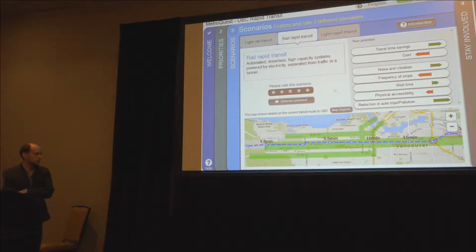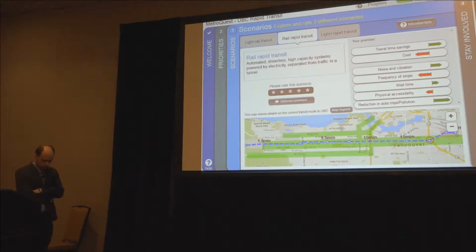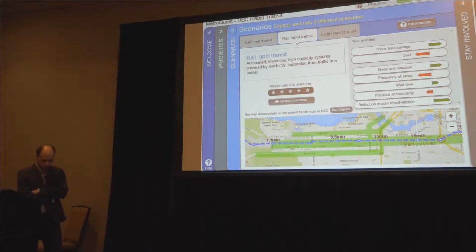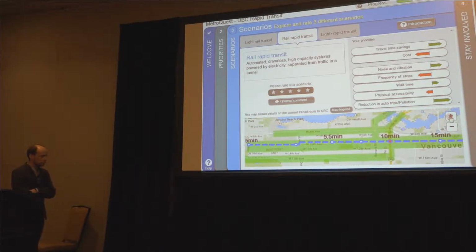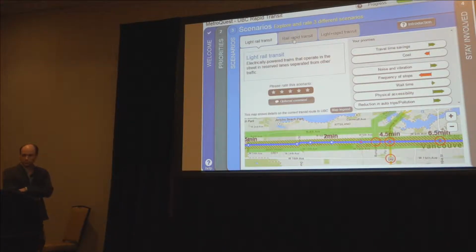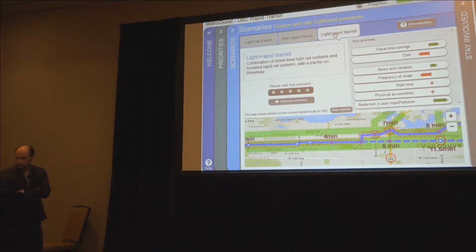Second, a map on the bottom shows the proposed transit route. The indicators are also plotted on the map. For instance, travel time savings are shown as numerical values at various stops along the way. In practice, the user can compare the three scenarios by switching among the three tabs shown at the top. The user can also provide a rating out of 5 stars for each scenario.